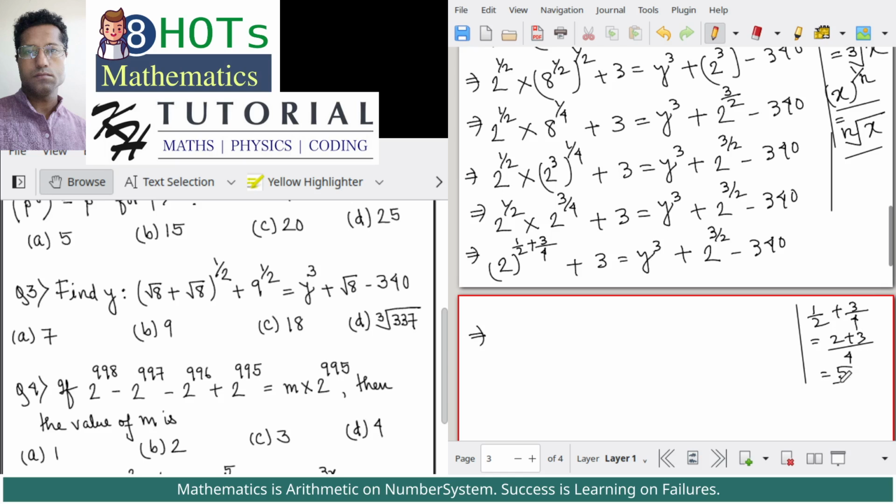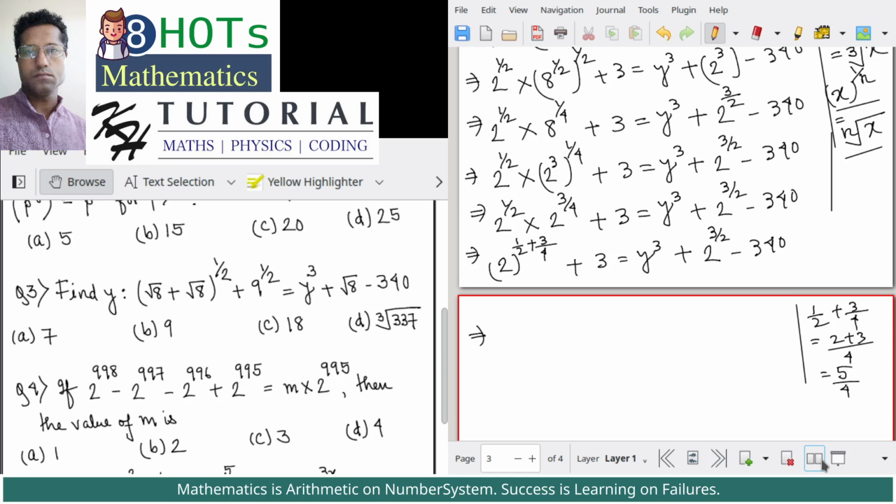This is 5 by 4. 343. The choices are 7, 9, 18 and cube root of 337.